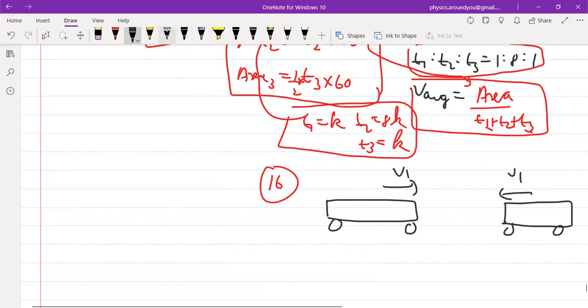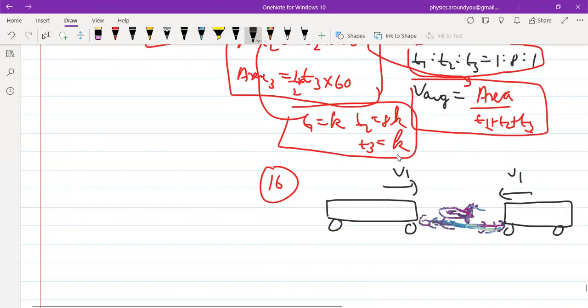Then there is this crazy bird in between. Some bird in between. This bird is constantly going back and forth between the trains. I don't know why it is getting so crazy, but yeah, that is the thing.